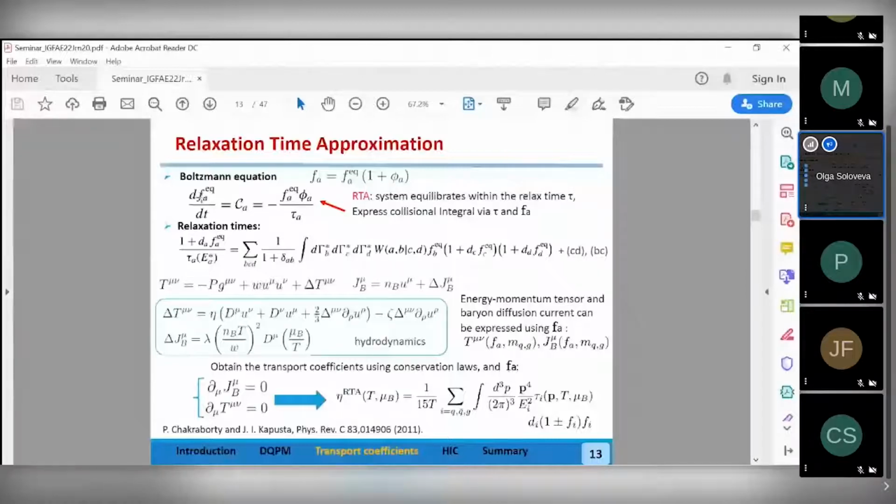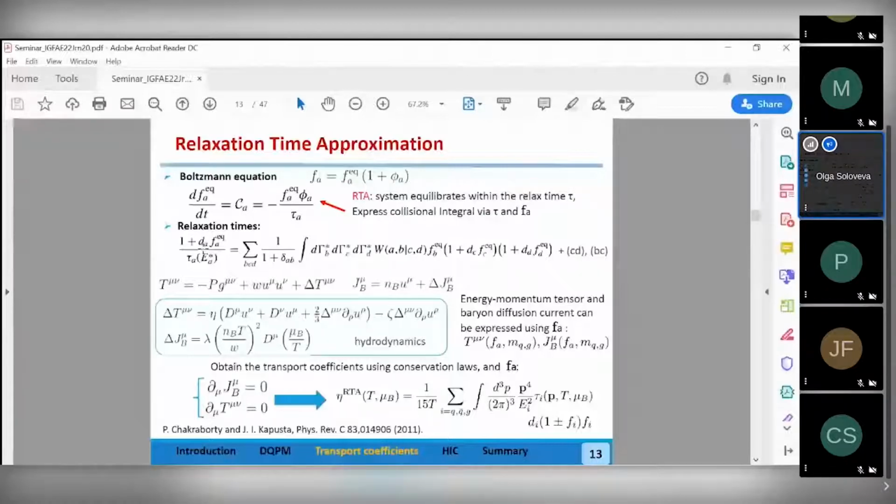In general, the relaxation time can be expressed using the transition rate here. Actually, we are using this formula for the relaxation time, which in general depends on the energy or momentum.